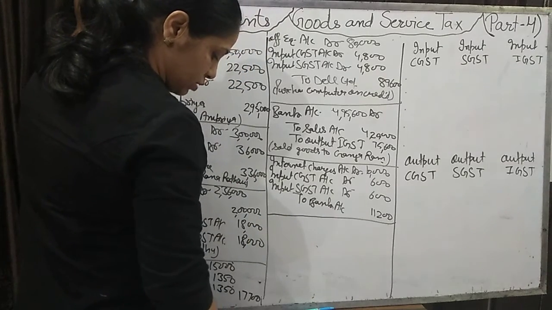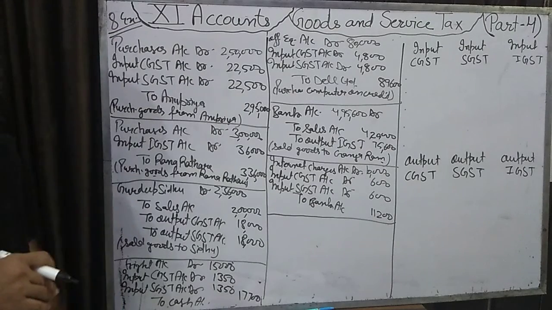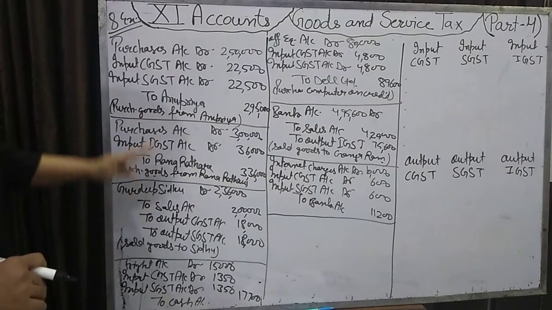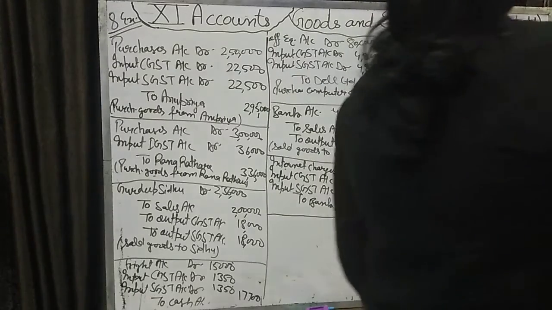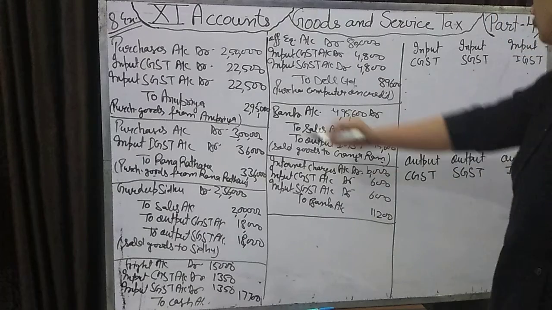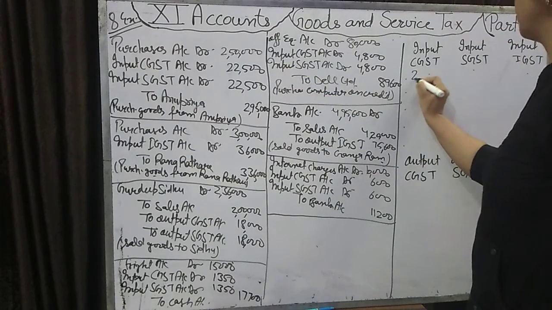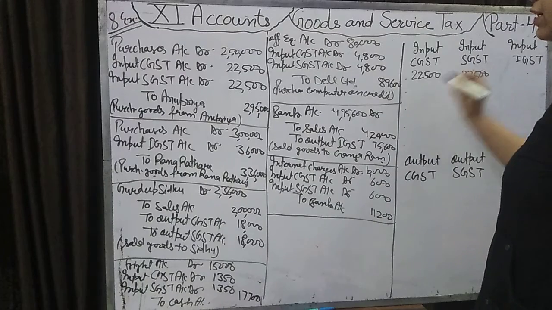Payment made of balance amount of GST. Now whatever GST is left after adjustment, we will pay to the government. Before the adjustment entry, first of all we will do the total of all GST. Right? Here how much input CGST? 22,500. Here also 22,500.